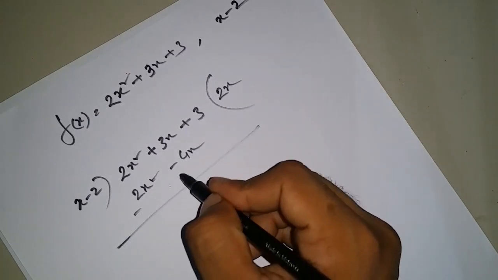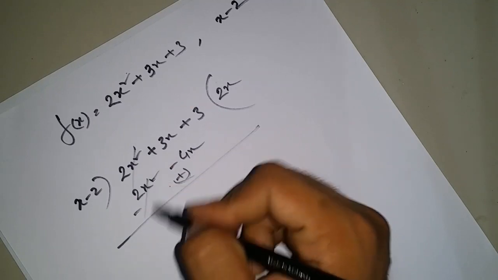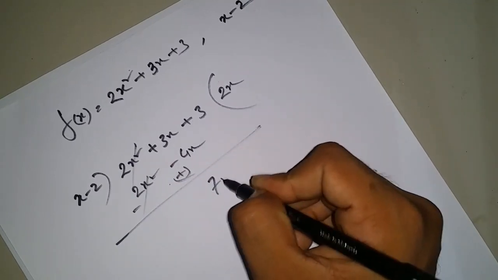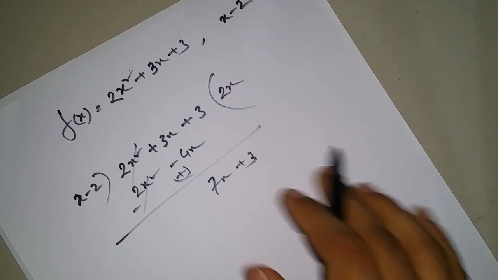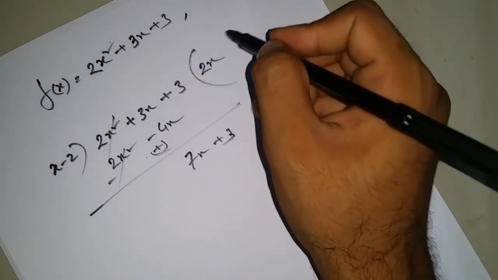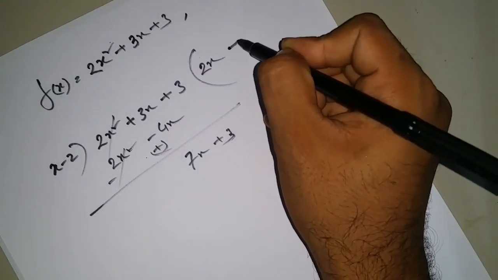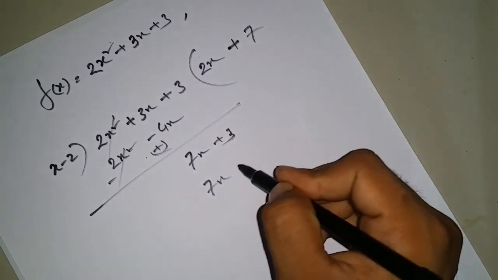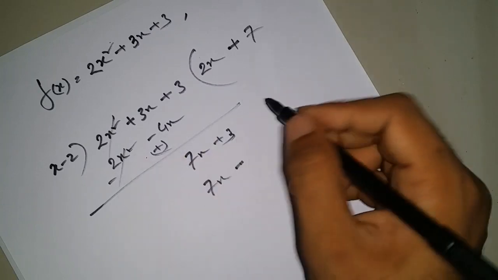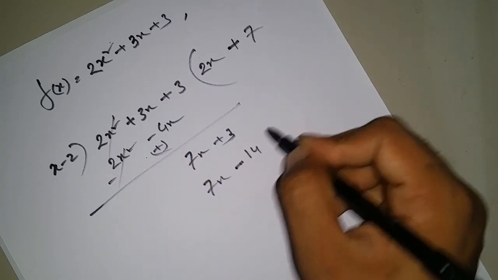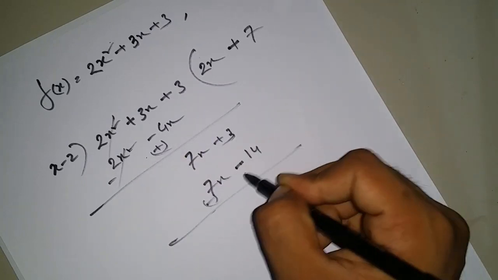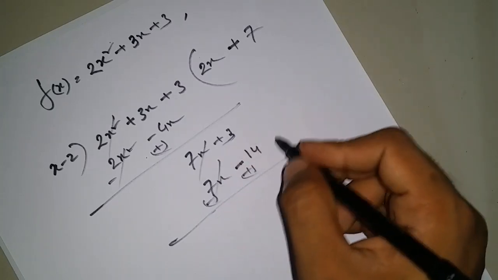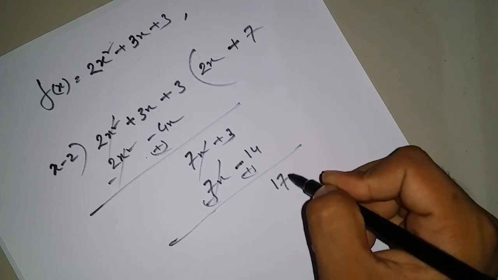Now subtracting, we get 7x plus 3. Now we multiply by 7, then I get 7x minus 14. Changing sign, we get 17.